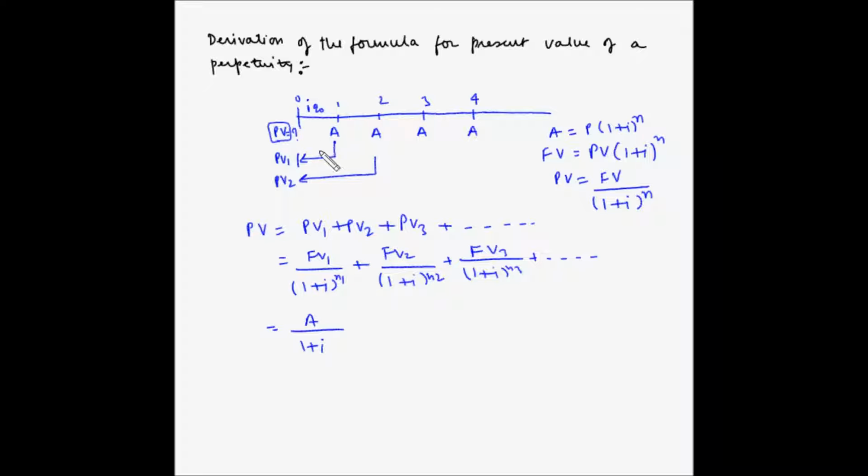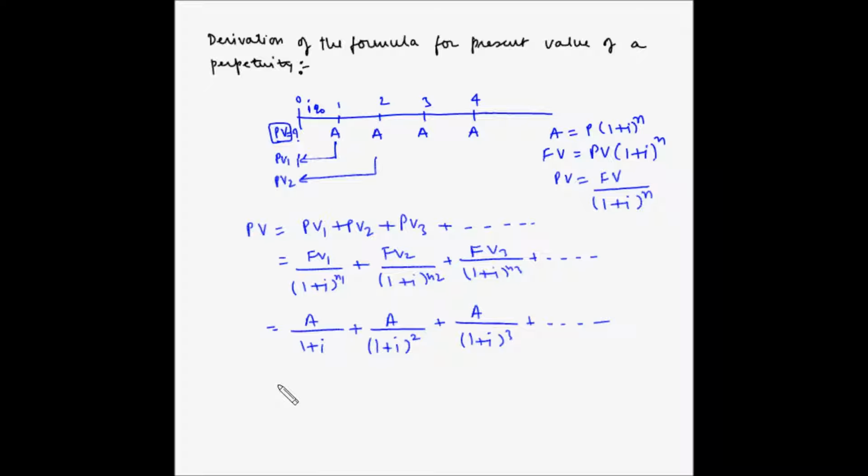So n1 is the duration for which A is being discounted, plus FV2 again is A divided by 1 plus I, and n2 here is 2, plus FV3 again is A divided by 1 plus I to the power 3 and so on. So this is the generic form to find out the present value of a perpetuity.